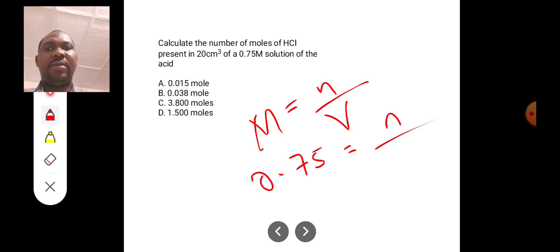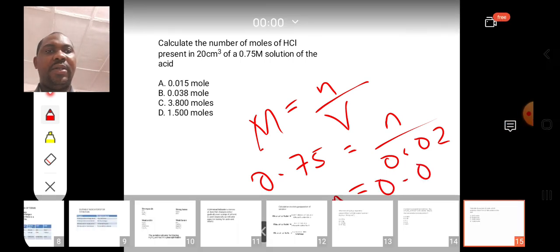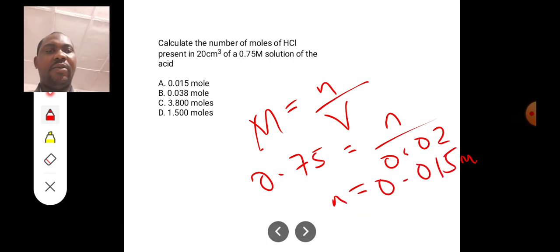Volume is 20 cm³. If you convert 20 cm³ to dm³, you get 0.02 dm³. So n will be 0.75 multiplied by 0.02, which gives us 0.015 mole. That will be the answer to the question. So the answer here is A.